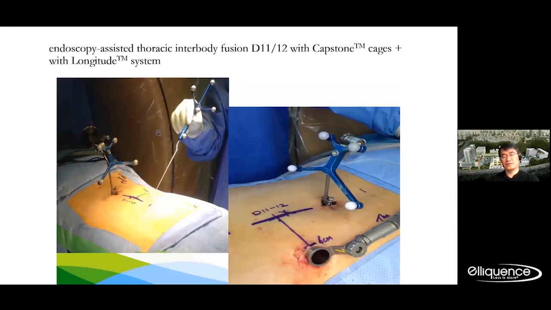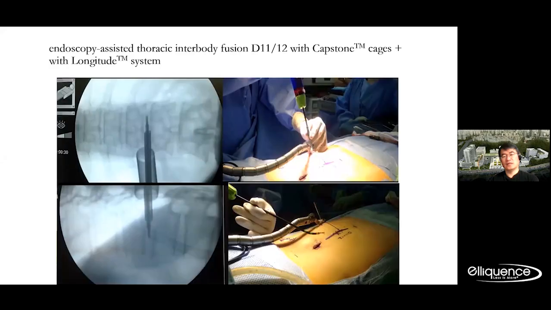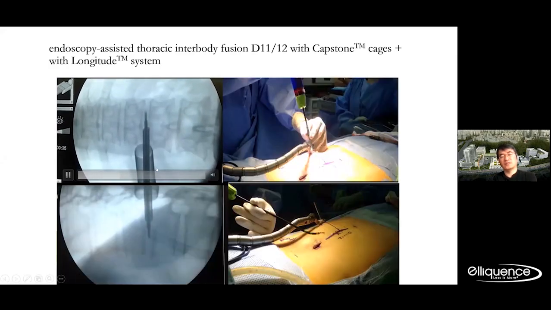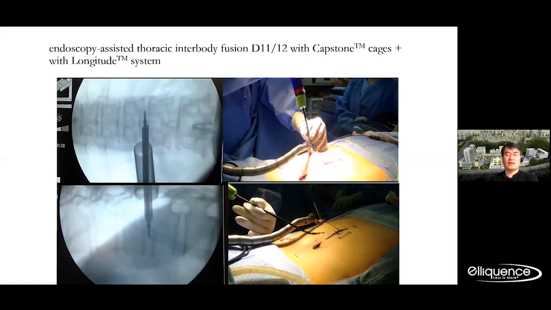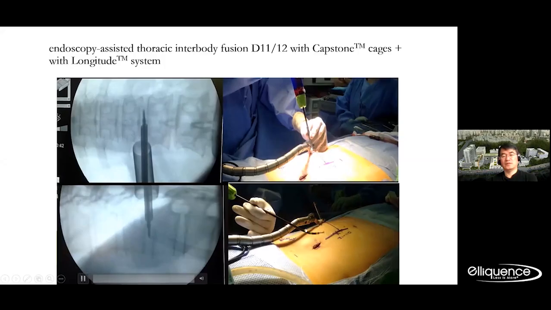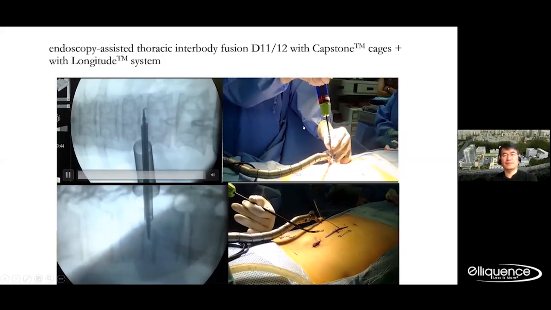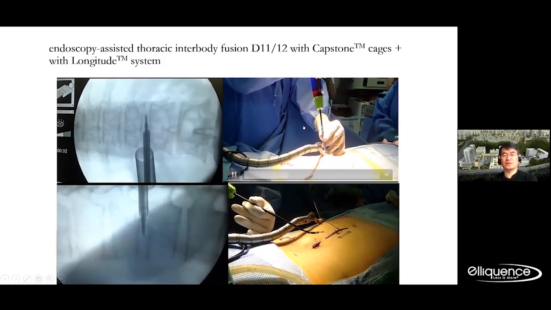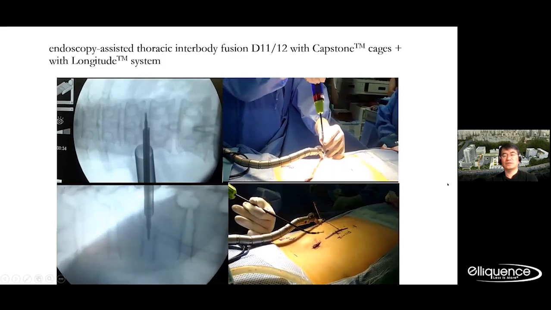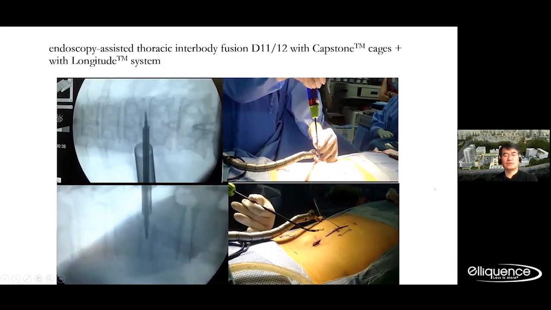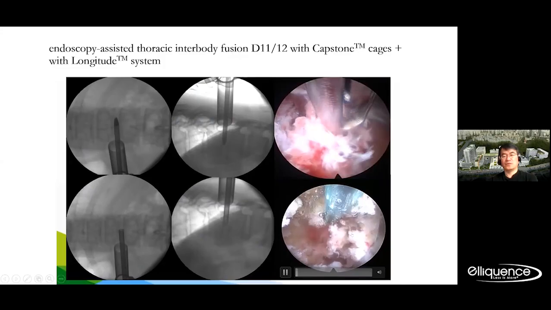So I used the endoscope-assisted thoracic interbody fusion, and put the cage in like there. Initially, this is a hybrid case. I presented it just there, and after the discectomy was done with this kind of system, I put in the cage and the percutaneous pedicle screws. This is the endoscopic view.